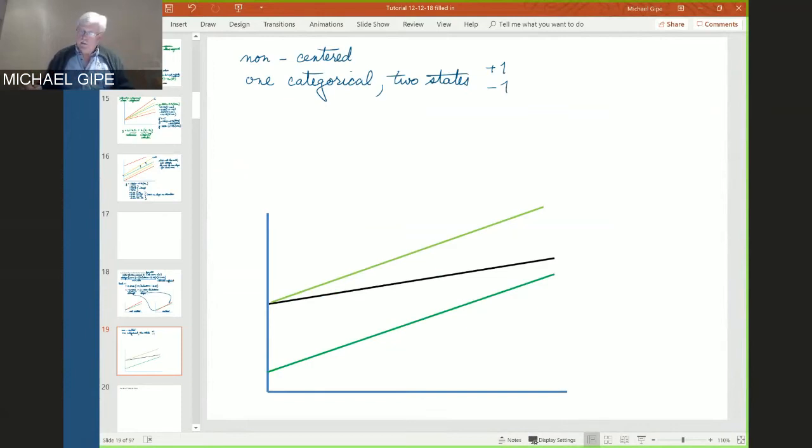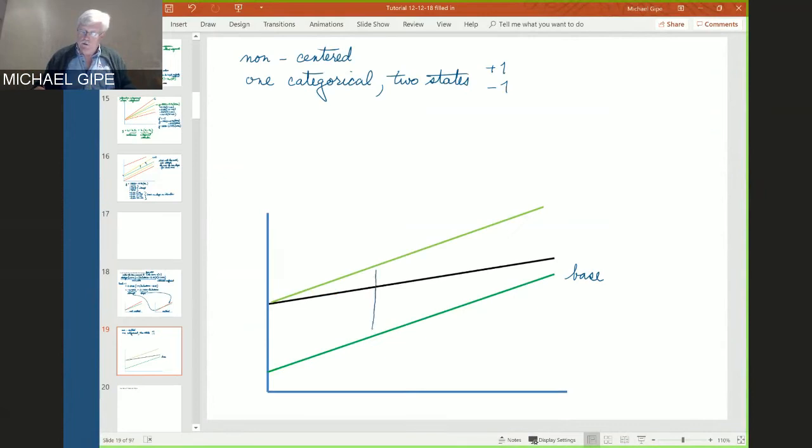And so this would be the base, and we would shift it up by +1 or down by -1, and then rotate it.